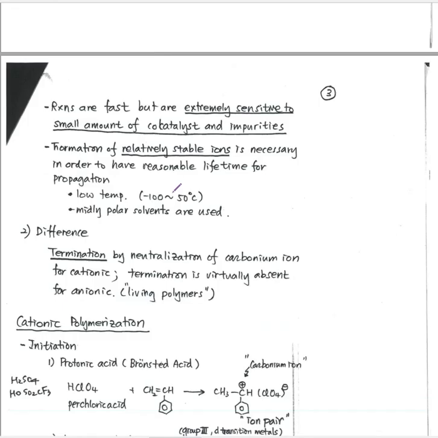Another feature, reactions are really fast, but extremely sensitive to small amounts of impurities. Okay? So basically the purity of the monomers and the reaction medium is really important. If there is some amount of impurities, that might stop the reaction.